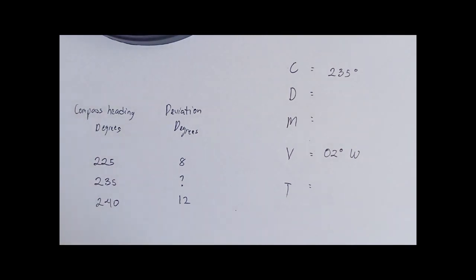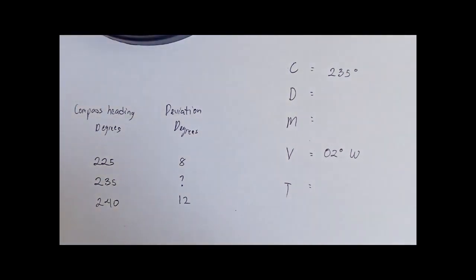In the specimen of the deviation table, we cannot see the compass heading of 235 degrees. So we must find the value between those two. According to the deviation table, it is between 225 and 240 degrees compass heading.